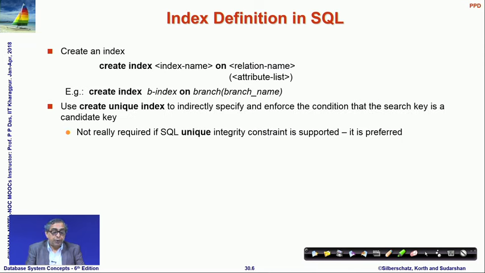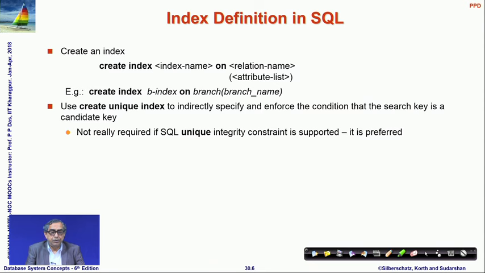Now, there is a way to also express create unique index. If you say create unique index, then it will expect that the search key is a candidate key, because all values of that will have to be distinct, unique.